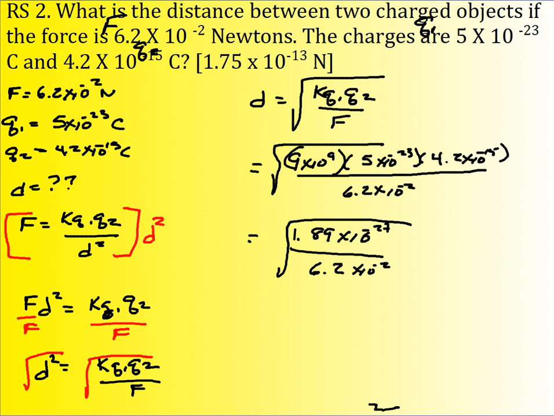So you get that what is under here is the square root of 3.048 times 10 to the negative 26. And now you square root that. It's important you do these steps in this order so that you get your algebra correct. So this becomes 1.75 times 10 to the negative 13 meters.